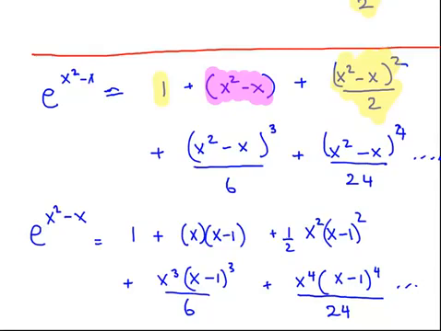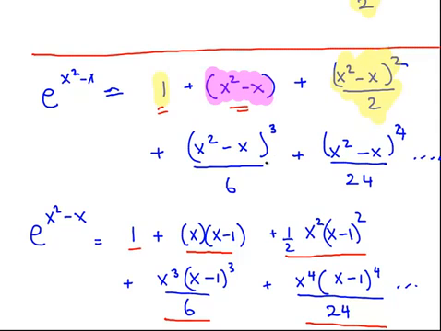So I'm going to break it up into individual terms. I have 5 of them there. The first two terms, 1 and x times x minus 1, can be left alone. In fact, I'm going to just leave them alone like that.